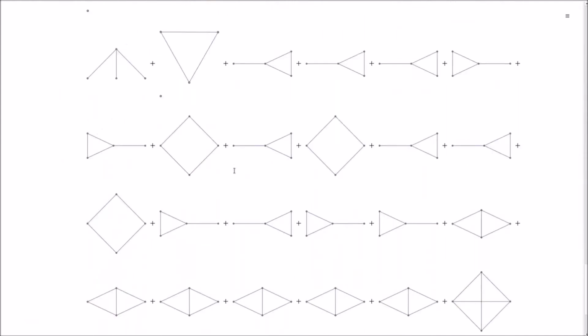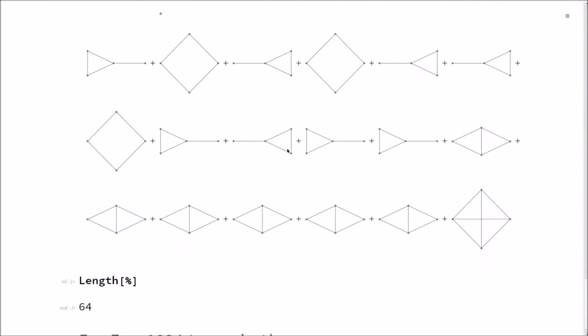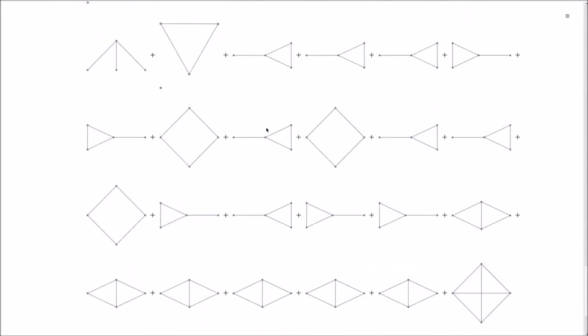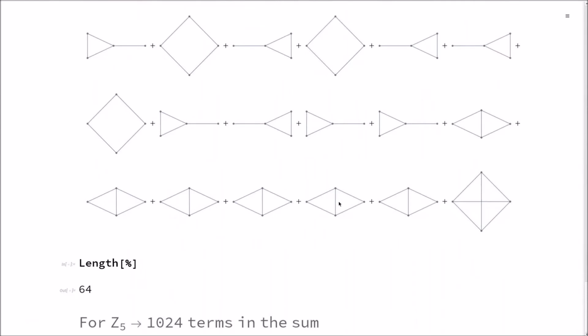There are quite a lot, but we see immediately some structure here, and some ideas how to simplify it become immediately visible, because these diagrams look identical, and we can combine them because they have the same number, and can be combined in one diagram with a prefactor.